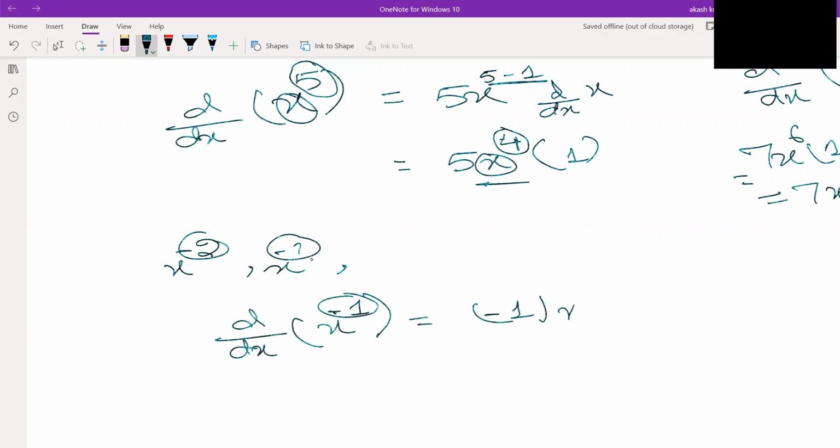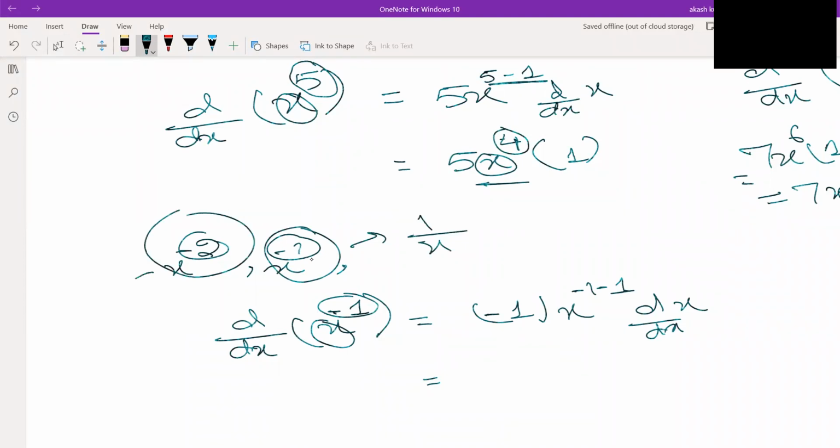Then minus 1 from the power, and then taking the derivative of the base x. It's the same thing. It can be asked like 1 over x, the same thing. It can be asked like 1 over x square, so you know that it's x^-2.